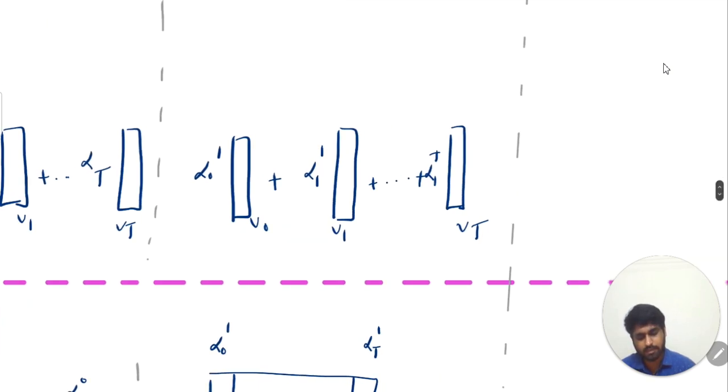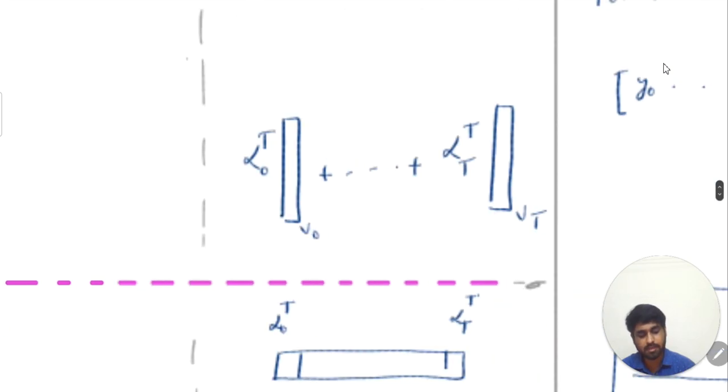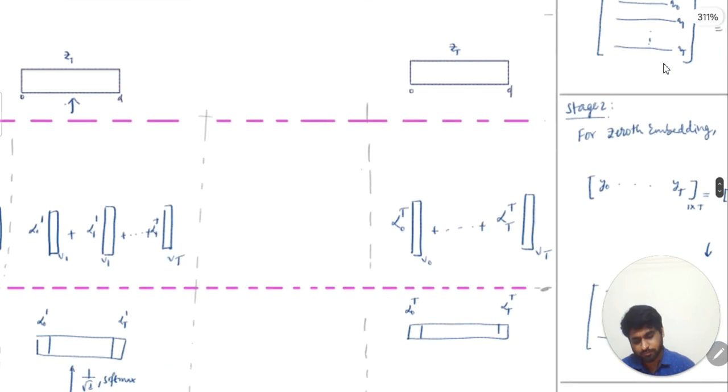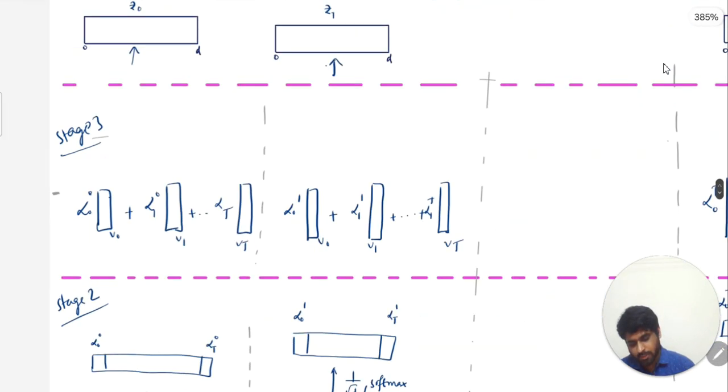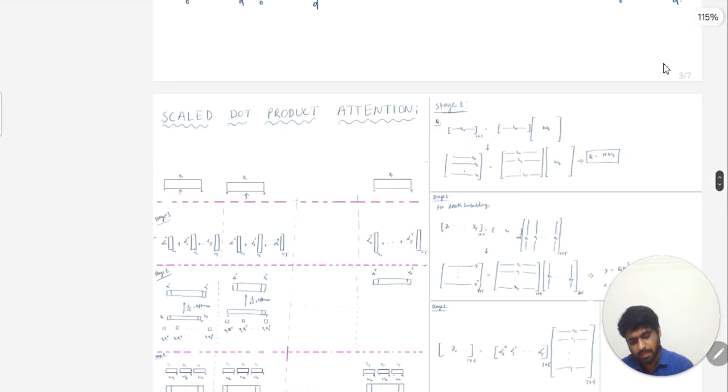Similarly we calculate the weighted sum for the first embedding, and for the tth embedding also. Upon calculating the weighted sum, this is the output embedding. This is the direct weighted sum of each of the embeddings.